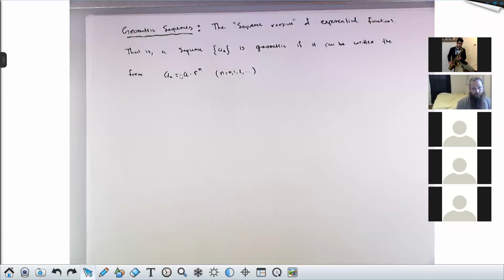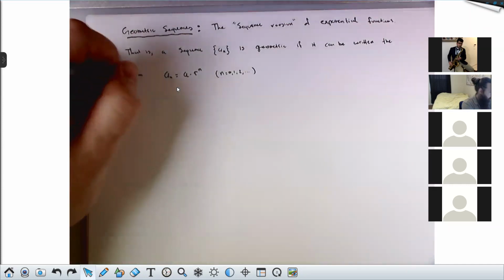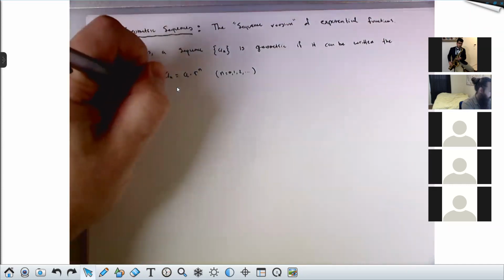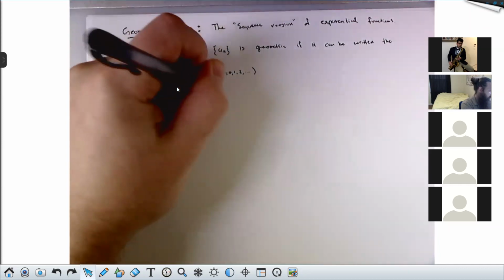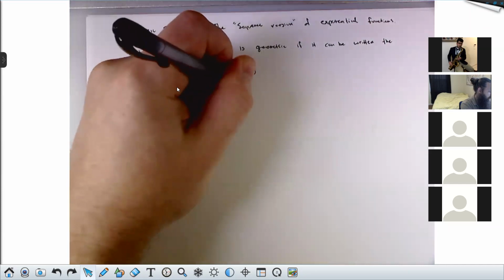Right? So just like f of x equals c times b to the x is your general exponential function, a_n equals a times r to the n is your general geometric sequence. Here, a and r are constants.